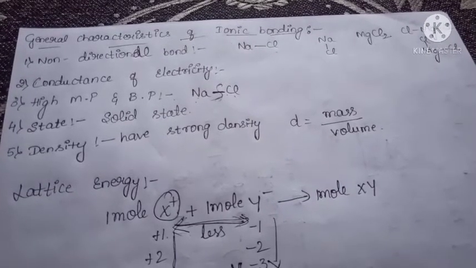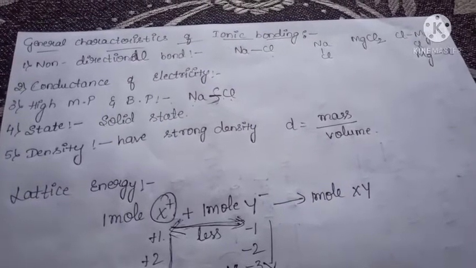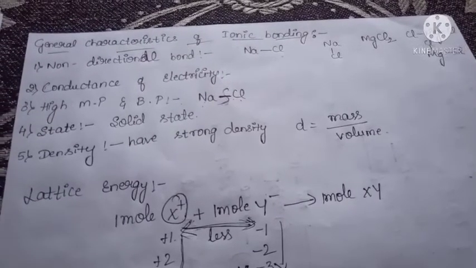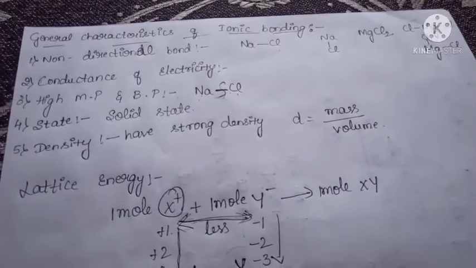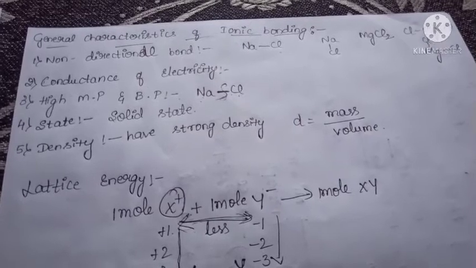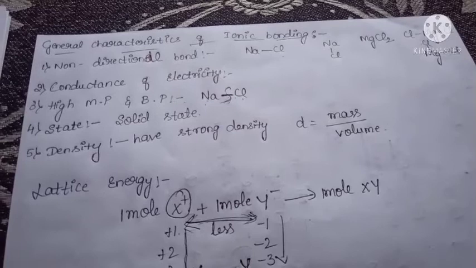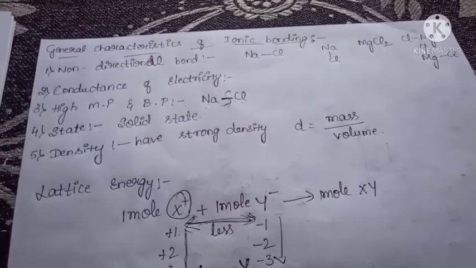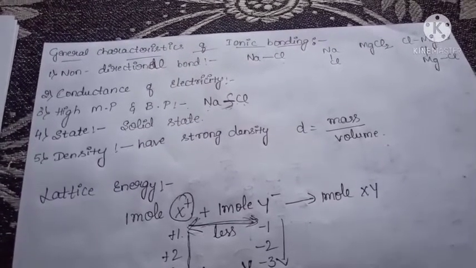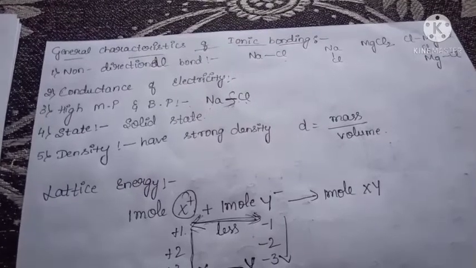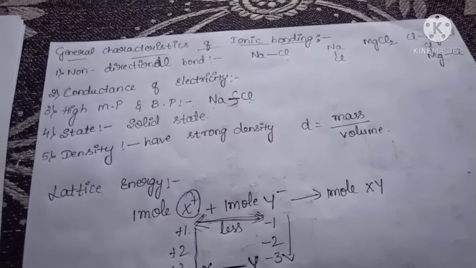It conducts electricity in a molten state as well as a solution state, and it has a high melting point and boiling point because the force of attraction between the two atoms is strong. So that's why it has a high melting point and boiling point.